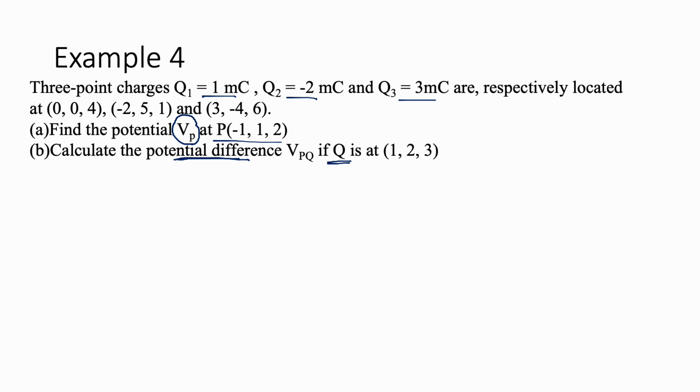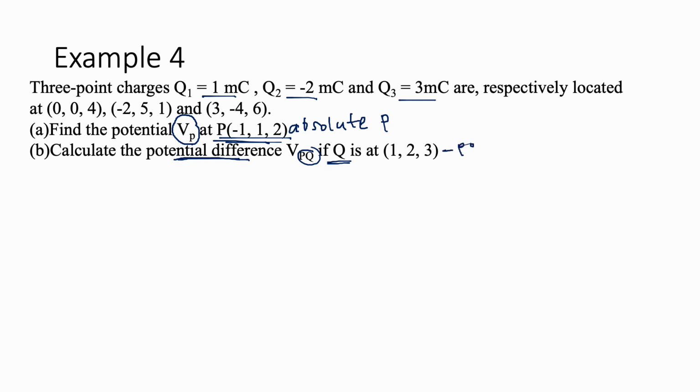For the first question, since we only have one point of interest, it will be the absolute potential. For the second one, since we have two positions, an initial position and another destination, it's going to be the potential difference.